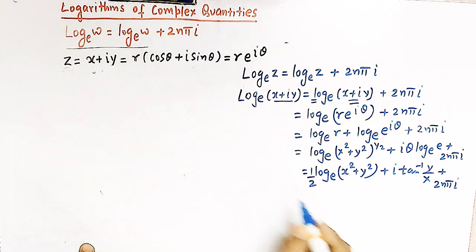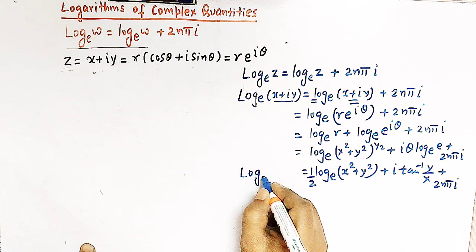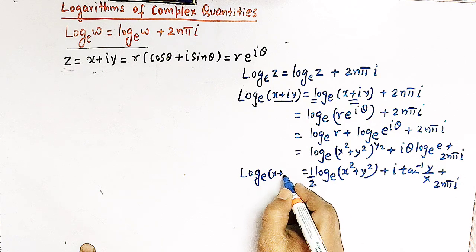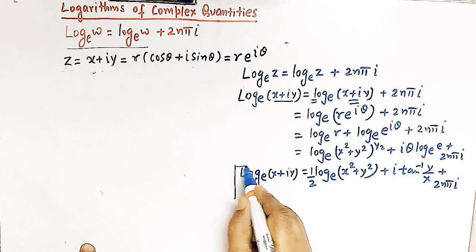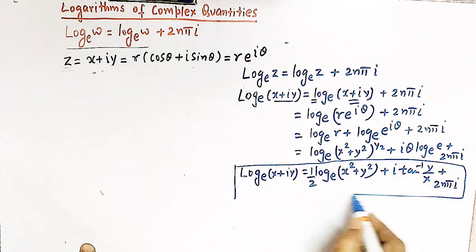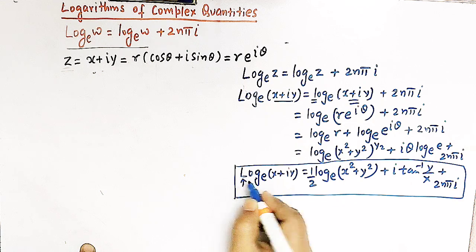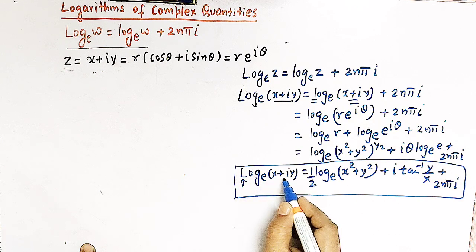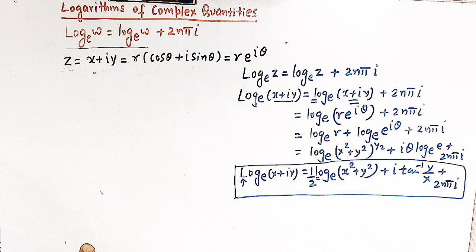So therefore, here the general value of the logarithm of the complex number x plus iota y is given by this expression, right? And remember here this capital L denotes the general value of the logarithm of x plus iota y, and this small l represents the principal value, right?